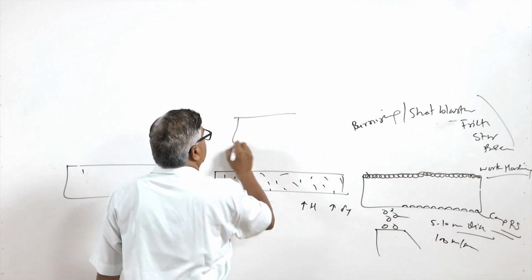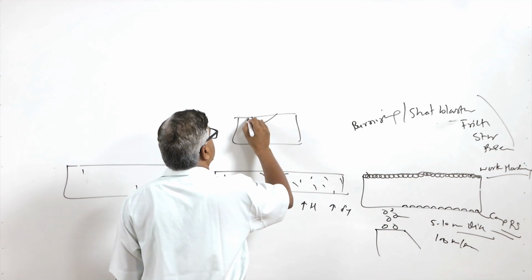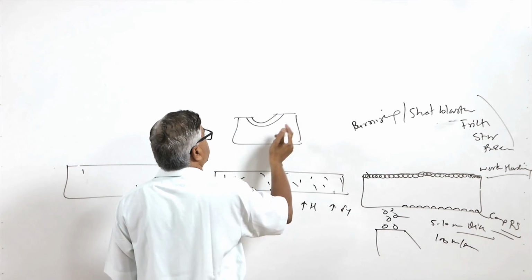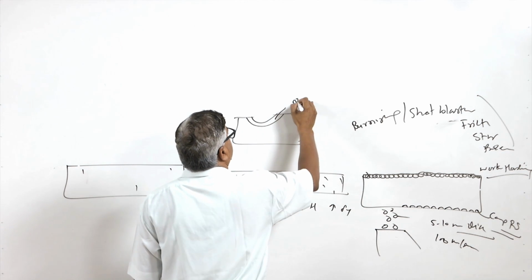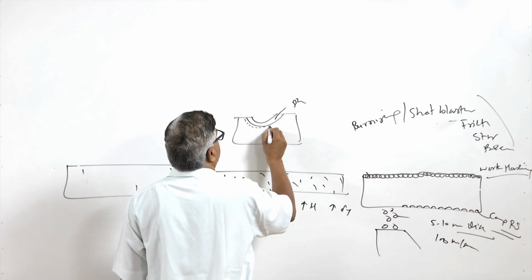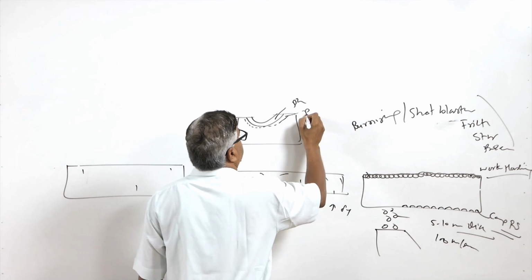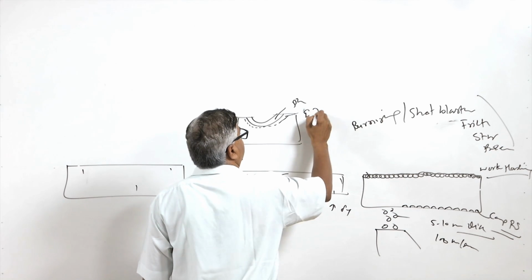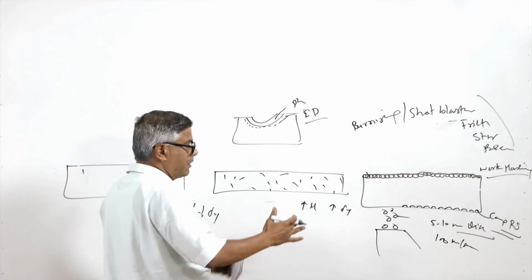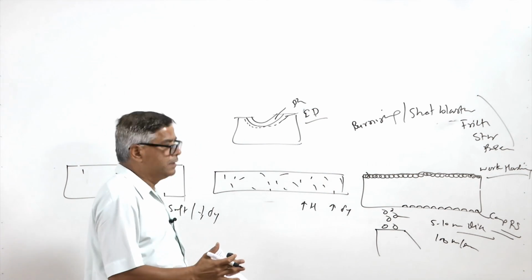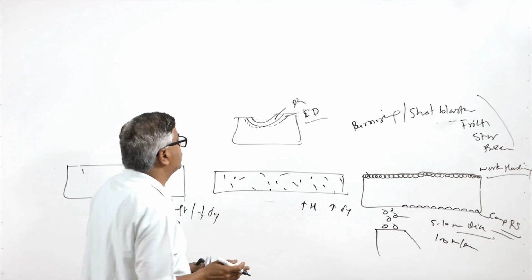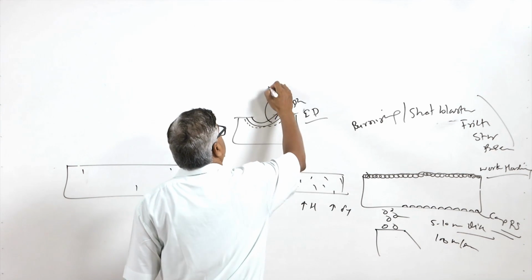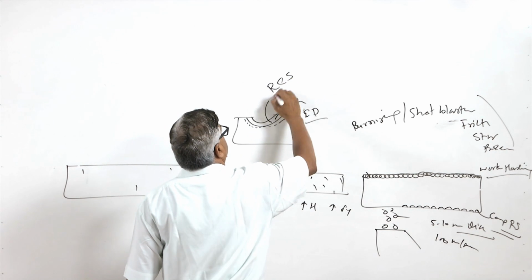Because here, if just the surface layers have been deformed, this region will be under plastic deformation, but the region below that will be under elastic deformation. So, this elastic deformation will always try to bring the material at the surface back to its original position, and because of that it sets in residual compressive stresses.